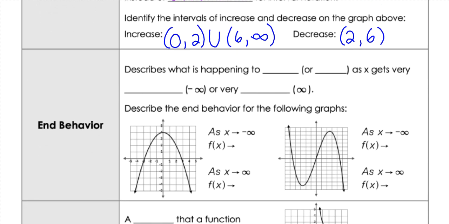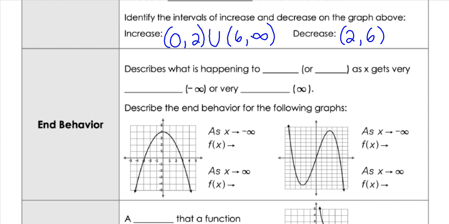All right. Next up, we have our end behavior. This is where we describe what's happening to f of x, which we know is another way of saying y, as the x gets really, really small. So we call that going towards negative infinity. If we go to the very left side of the graph, where the x's are really, really negative, those are really small numbers.